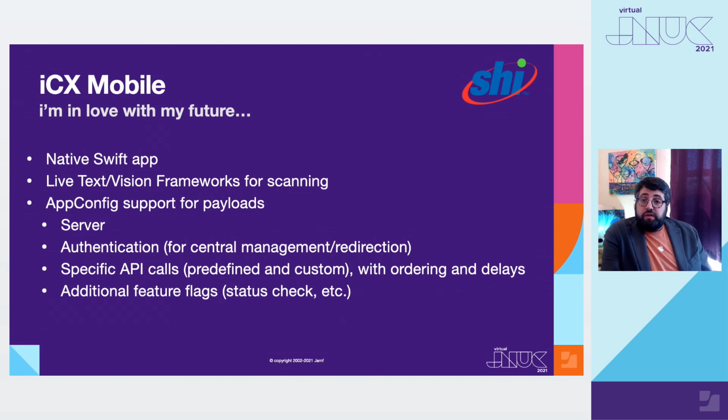So we could store that server information, keeping either an authentication redirect or even just some light central management for that, and specific API calls, so we can have predefined drop downs and completely custom calls, able to order those in a certain order and give delays as to when they're fired off, and feature flags that our technicians have been asking for, things like being able to check the status of a device without having to modify its record. It's a lot easier to add something like that to an app.